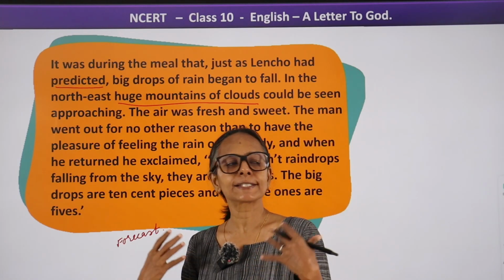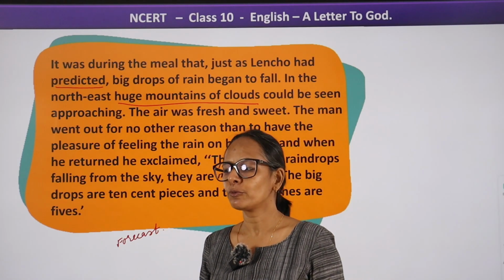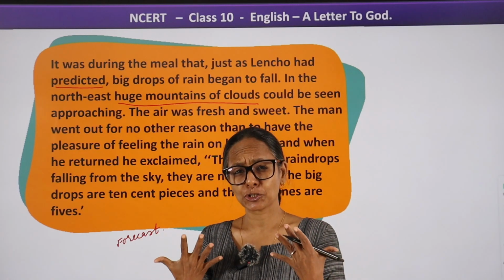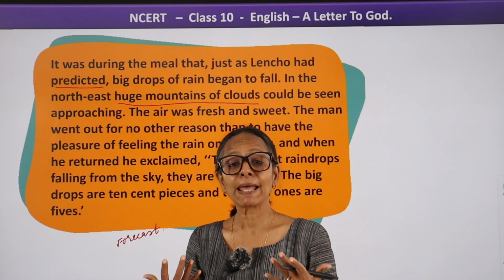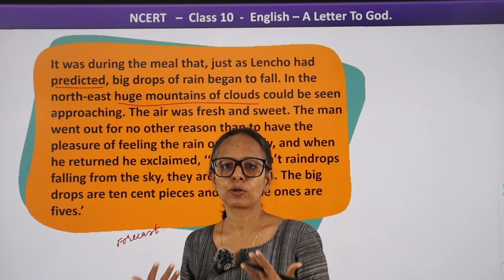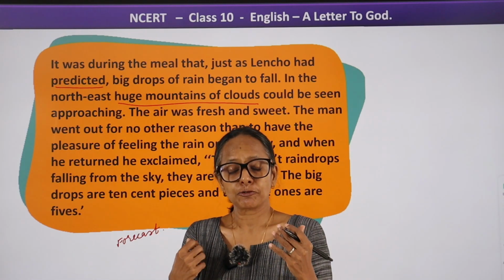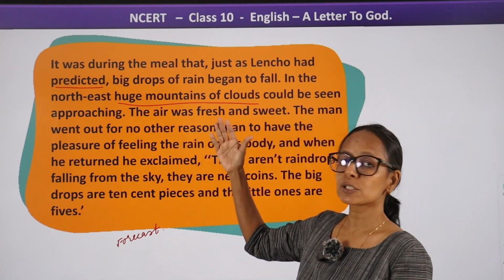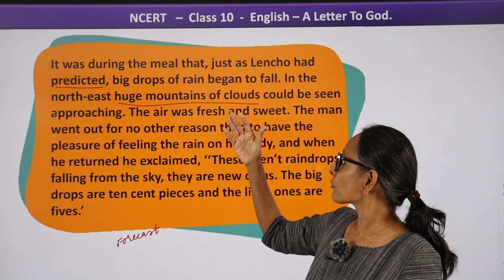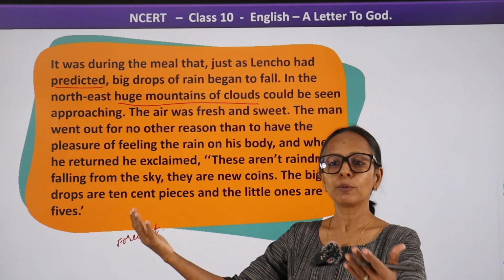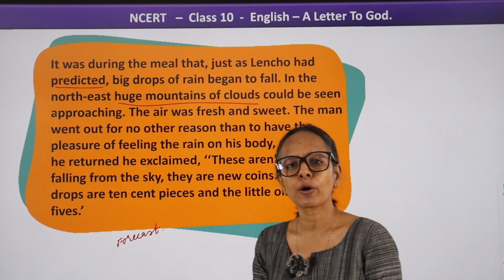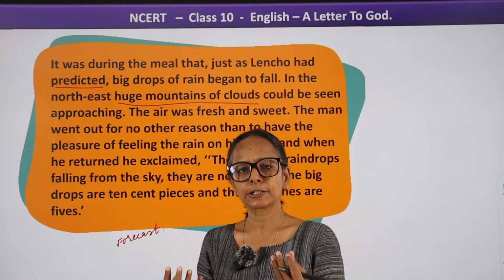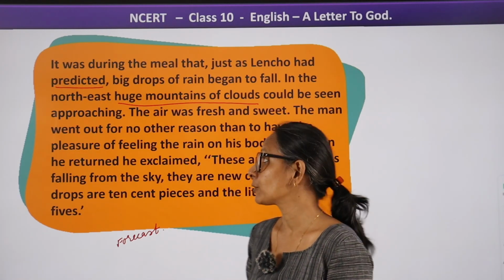We all know, when suddenly there is rain, what do we do? We go out or we look through the window, inhale that fresh nice smell of soil, rain falling on soil. So it gives that real fresh feeling to all of us, and that is what is happening in the story also. The air was fresh and sweet. The wind is carrying the smell of corn, rain falling on soil, that smell of earth, everything is making it so wonderful.